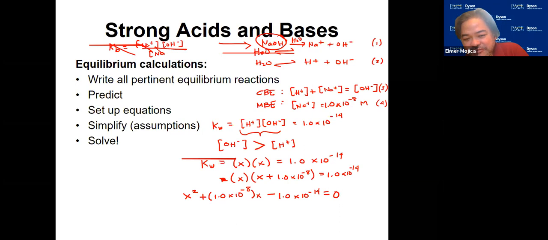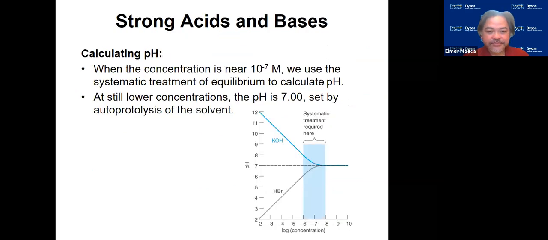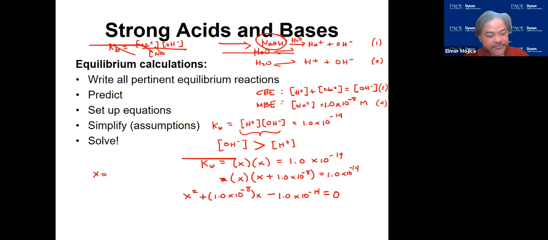So the question now is, what is the X that I'm solving for?